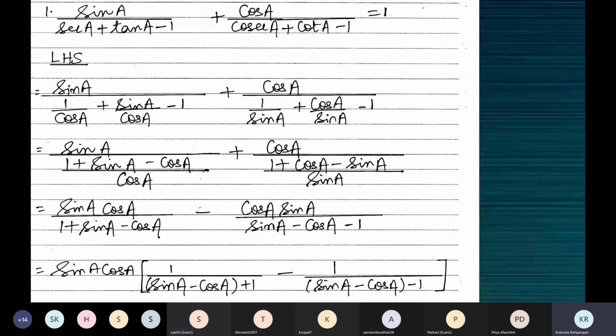Supposing you have 1 by A plus B minus 1 by A minus B. What will be the common denominator? What is the common denominator for A plus B and A minus B? A plus B, ma'am.